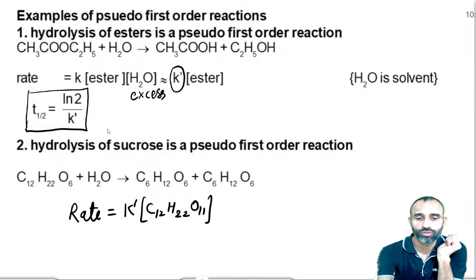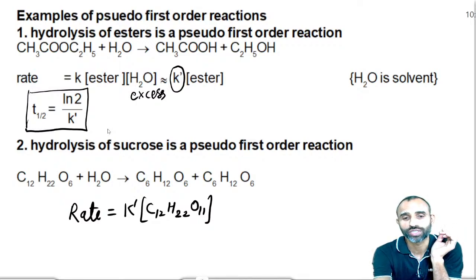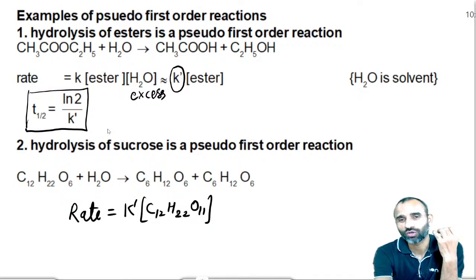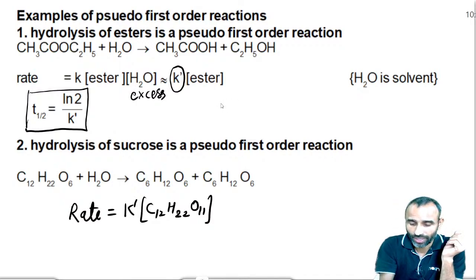Take the concentration of water as constant. K is multiplied by the concentration of water.